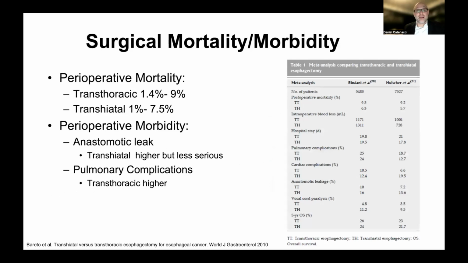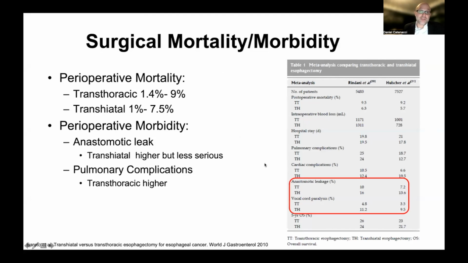And that's shown here, where a number of studies have looked at comparing in randomized studies the outcomes of patients who underwent a transthoracic versus a transhiatal approach. And you can see that overall, they're considered equivalent in most of the important outcomes.